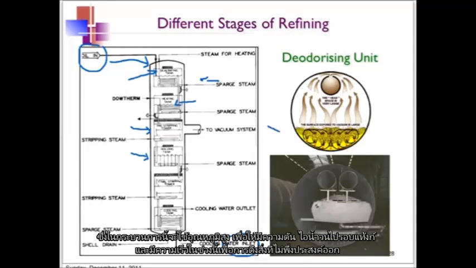During this process, the steam is sparged into the deodorizer unit and comes into intimate contact with the oil, and the high temperature and the vacuum condition will allow the volatiles to vaporize into the large headspace vacuum space here, and will be removed and collected as distillate.